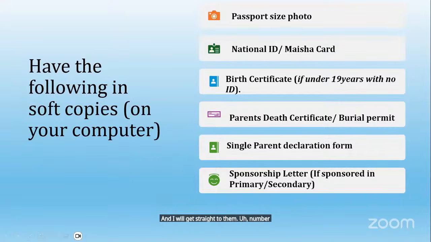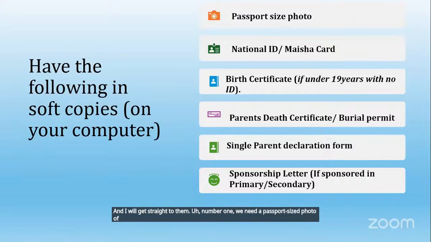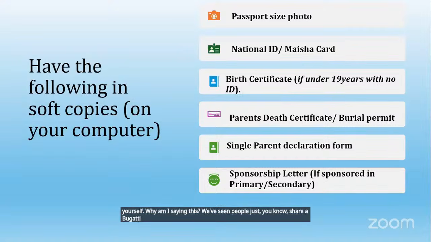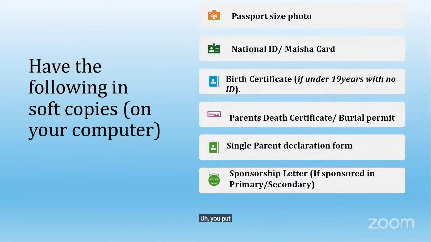Number one, we need a passport size photo of yourself, not your chihuahua or your best cow. No, yourself. Why am I saying this? We've seen people just share a Bugatti as a photo, and you cannot be a Bugatti. You are Edna Nafula Wanyama, so you put a passport photo of yourself as a soft copy.